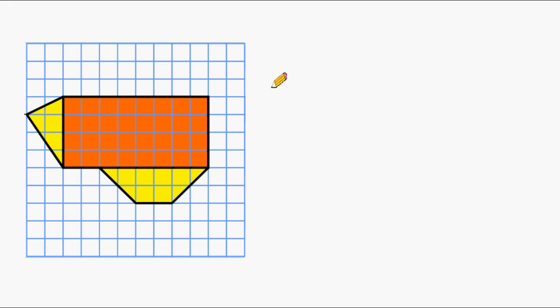Now let's use a different strategy just to see if we come up with 44 square units. Most of the time, teachers will say to take this polygon and divide it into recognizable shapes. So I broke this polygon into 3 shapes: a rectangle, a triangle, and a trapezoid. The area of a rectangle is length times width.